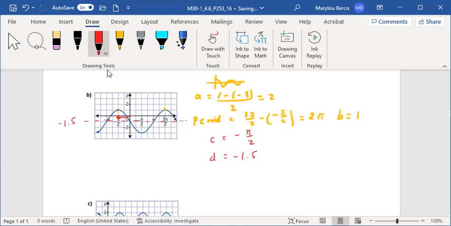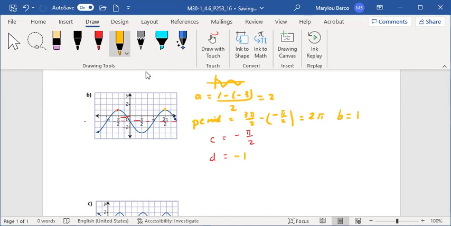So our equation is y equals, well, this is from 1 to negative 3, sorry. So the D will be, fix that, D will be equal to negative 1.